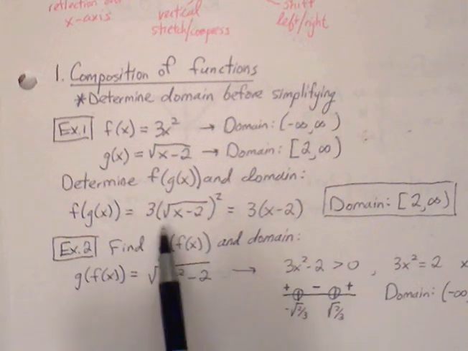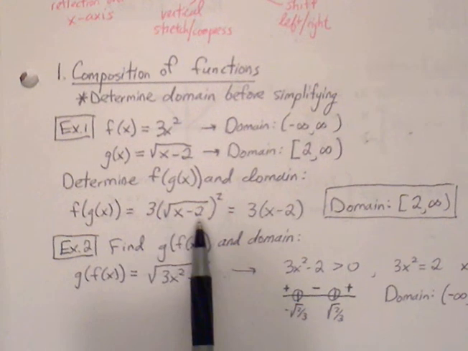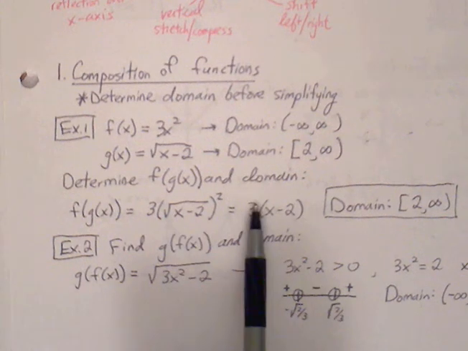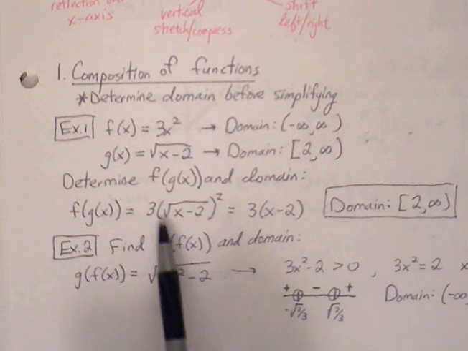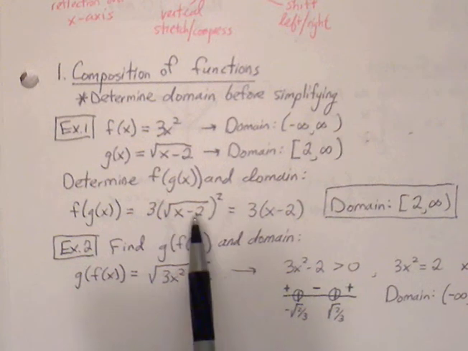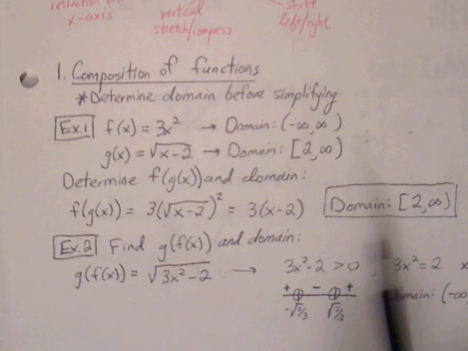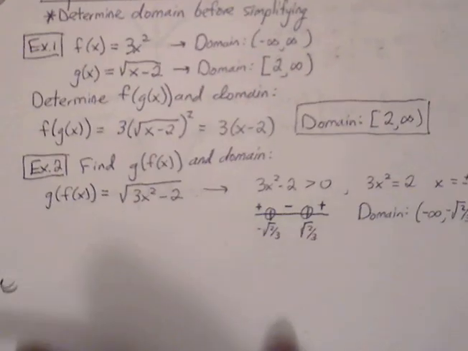So make sure if we're doing composition, we want to determine our domain before we actually simplify. Because if we simplify and then we find the domain, then we miss out on the restriction that is part of our composition function.